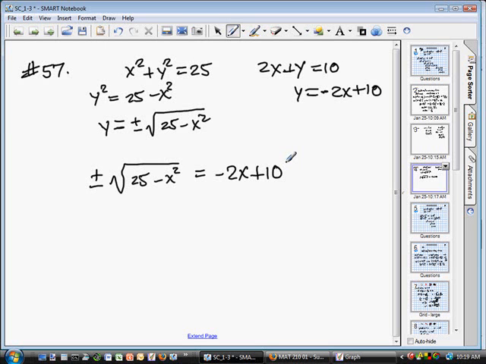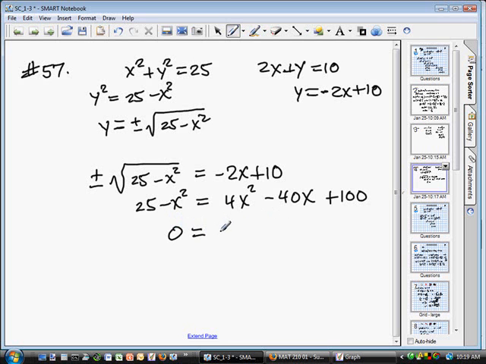And do what we can to solve for x now. Well, we'd probably want to square both sides. We've got to get rid of that root. And what do we get on the right? That's one of those perfect square trinomials again. If we add x, let's get everything on the right.